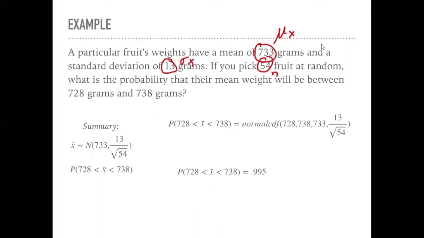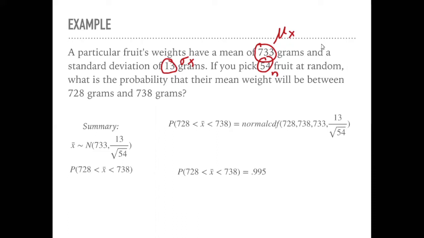You can even think about your empirical rule and give an approximate guess. For using the empirical rule, again, you're going to have to standardize because you have to think about the z-scores. What you're going to notice is the z-score for 728 and the z-score for 738 are approximately close to about -3 and about +3, which means we know that the probability of being between them would be about 99.7%.